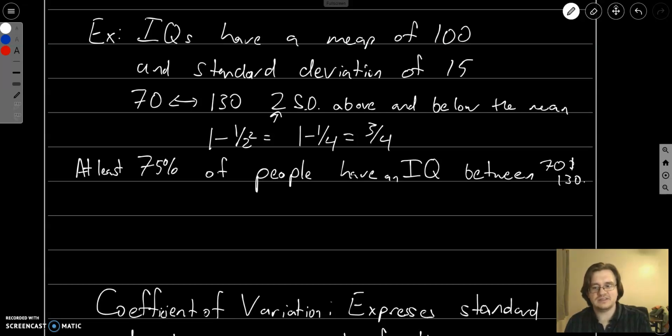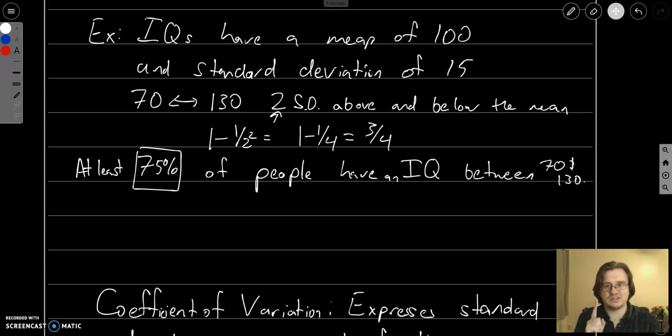So this only tells us that at least 75% of people have an IQ between 70 and 130. But we already saw that 95% of people should have an IQ between these because we know that it's normally distributed. But without that extra information, this is all we can say.